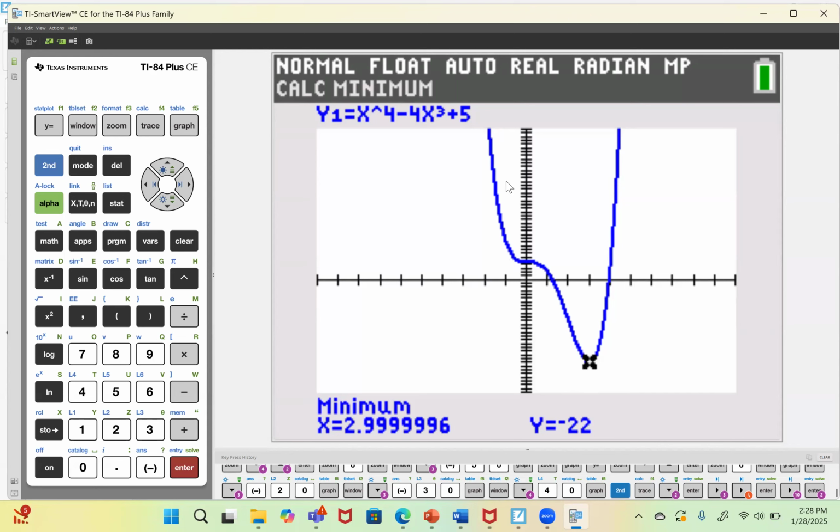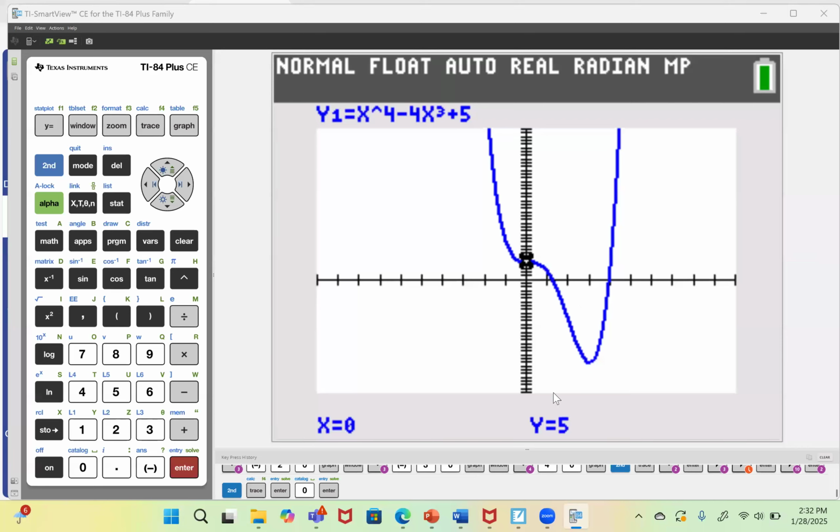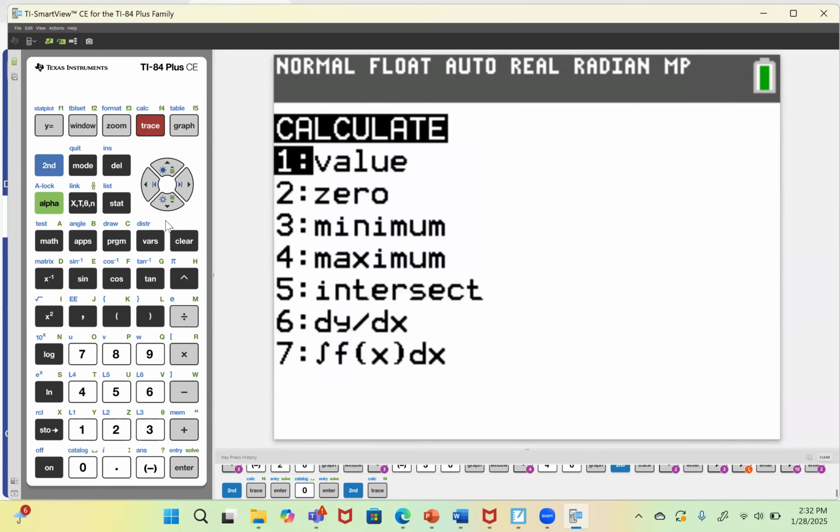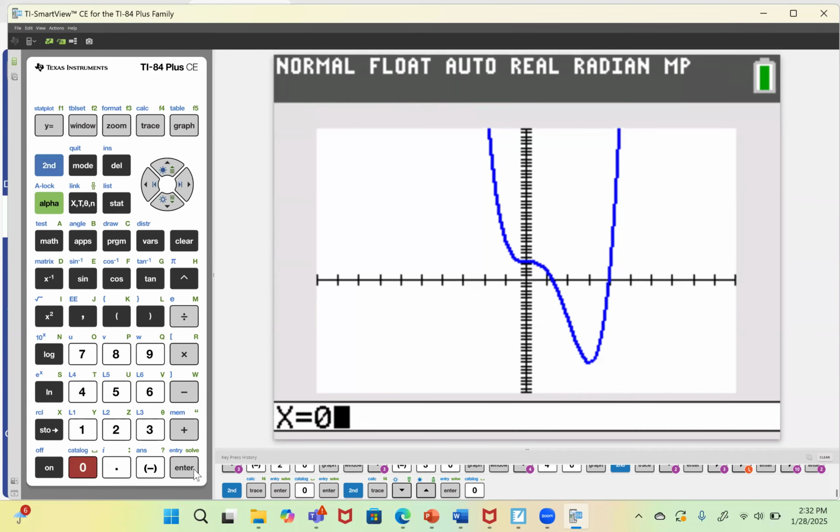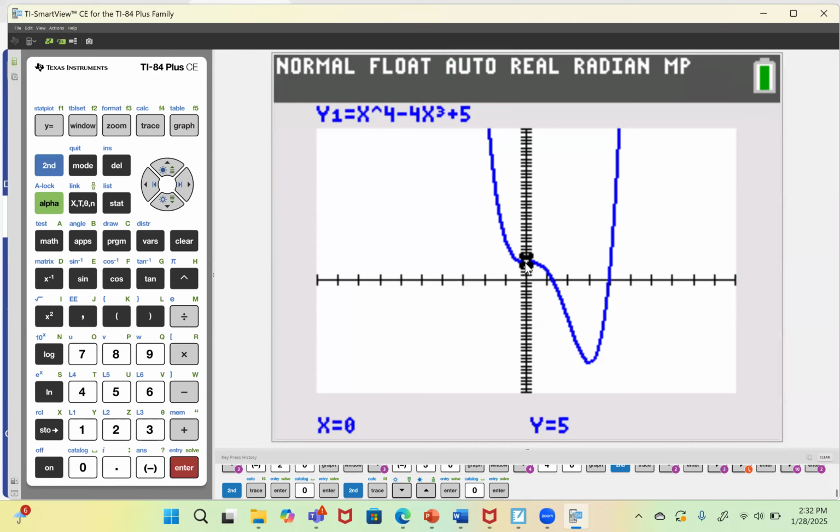We're not going to worry too much about that, but if you wanted to find it, it levels off, so it's technically constant there, and I can tell it occurs at x equals 0. To find the value, I can do second calc, go to value and put in 0. This point is where the function is constant for a moment, so it's not technically increasing or decreasing there.